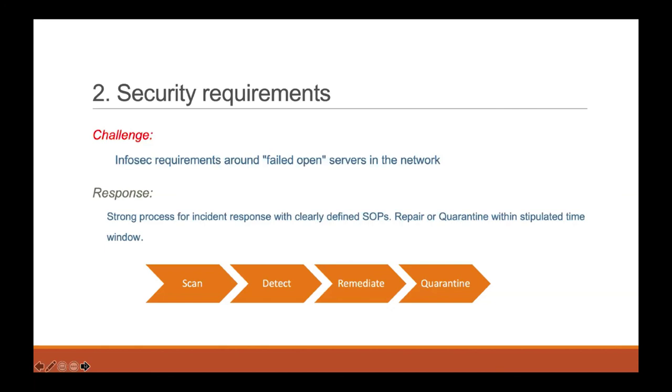And if we cannot repair the host after the auto remediation step, then we move the host to a quarantine state where the host is not accessible to the other environments and the host is not open anymore.